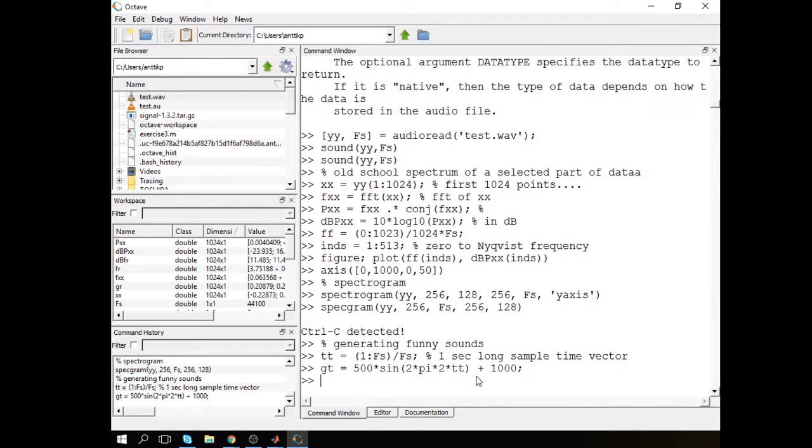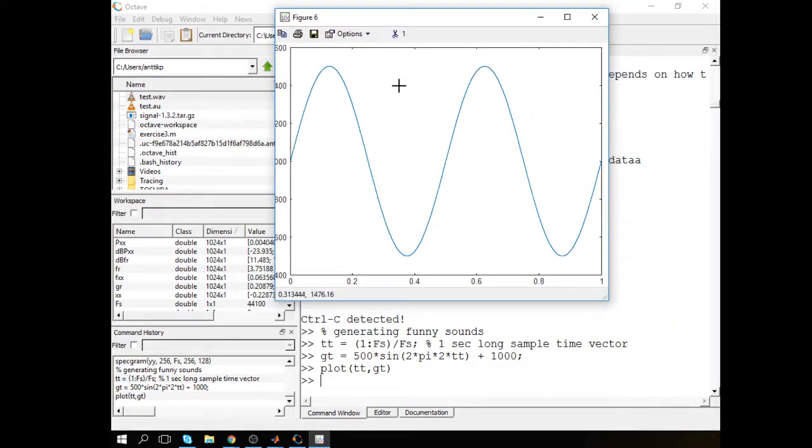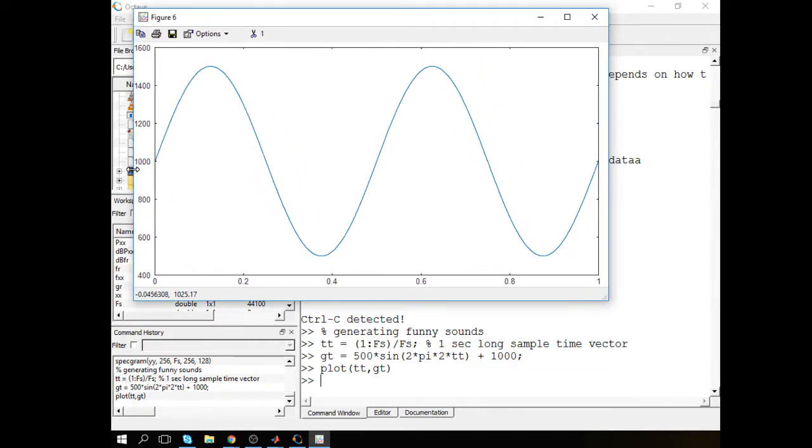Plot t, g(t). Okay, looks like that. So this signal is actually changing like this twice a second, around 1000 hertz plus minus 500 hertz.